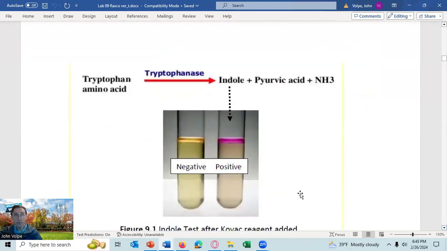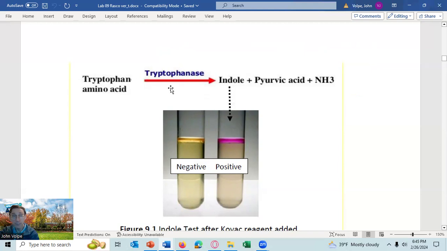So what you do is you have a broth that has the amino acid tryptophan in it, and that amino acid could simply be in protein. So it doesn't have to have the amino acid tryptophan directly added to the media. It could just have the source of protein providing the amino acid tryptophan.